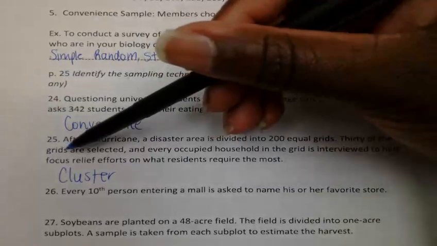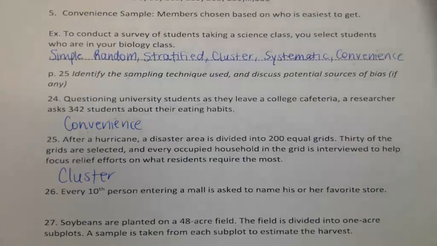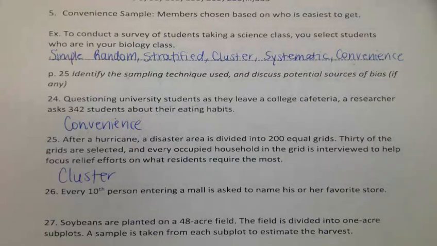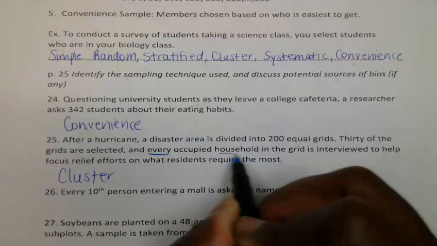30 grids were selected as a sample, but then what did they do with the sample? Did they take one or did they take many? That's the thing with cluster and stratified. What did they actually take from that sample? Did they choose a sample from the sample or did they choose the whole sample? Here they chose every household.